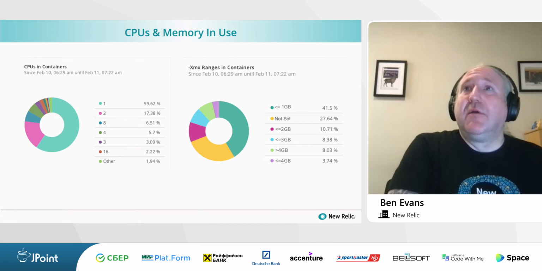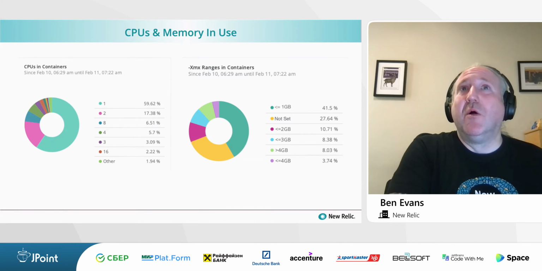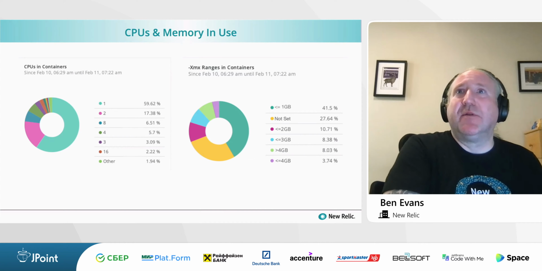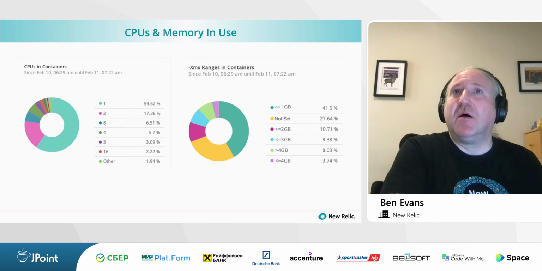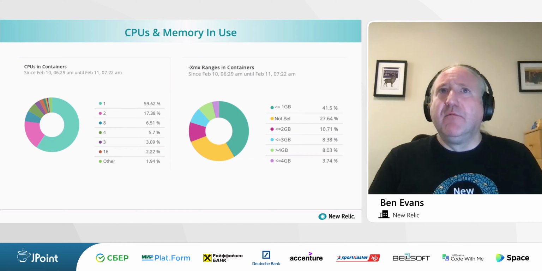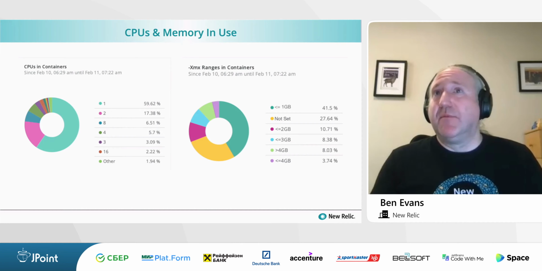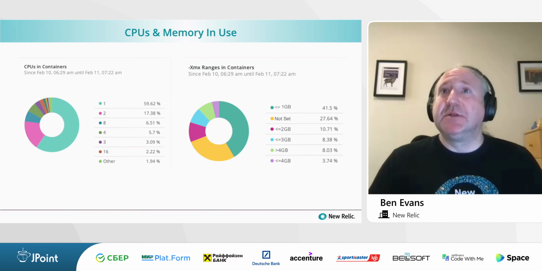First of all, over 27% of people do not set an Xmx of any kind when running in a container, which means that over a quarter of those VMs are surely vulnerable to an out-of-memory error, because the heap can fluctuate as much as it likes, and it will basically see the full size of the container, and then it will go up and crash against the top of the container.